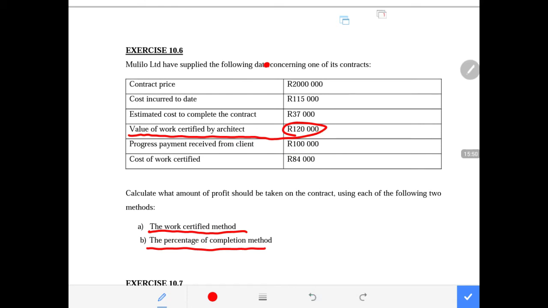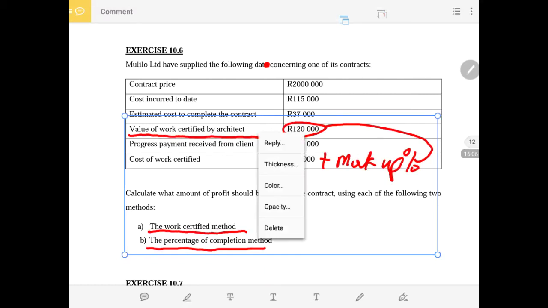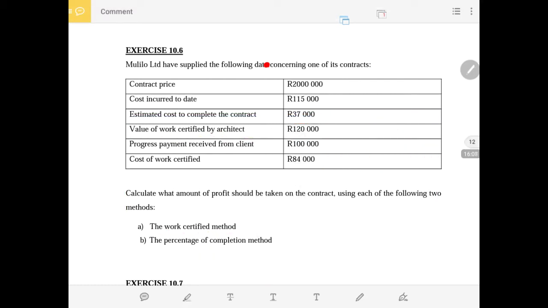Obviously, it's not revaluation. We said plus markup percentage or markup amount. That will give us the sales value of the work that is certified. That is why the cost of the work certified will normally be less than the value of the work that is certified.